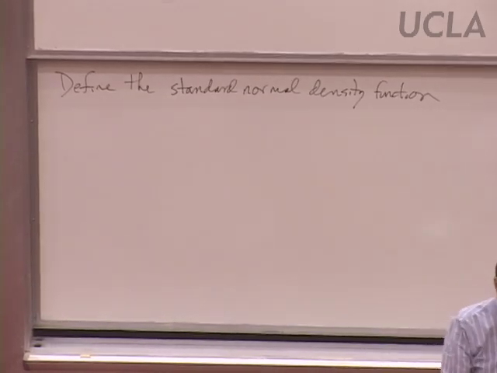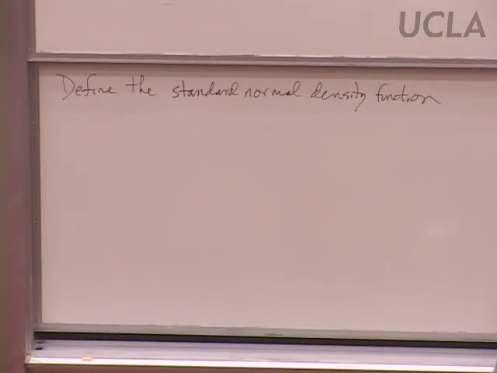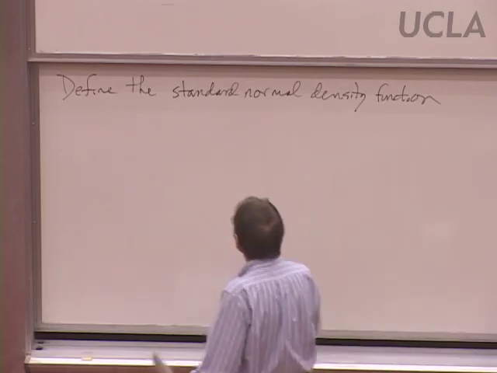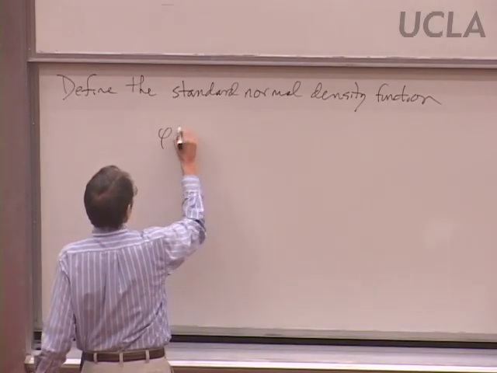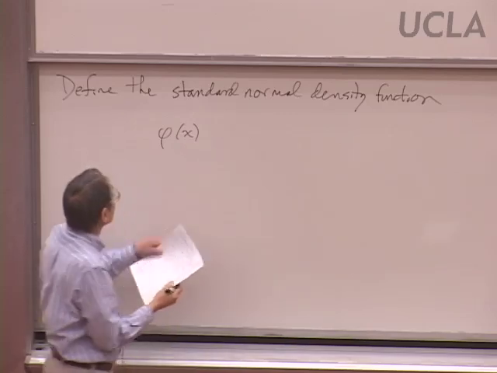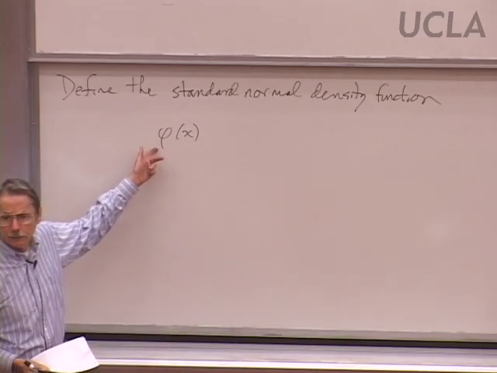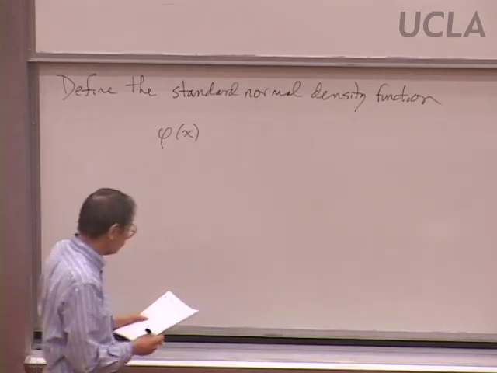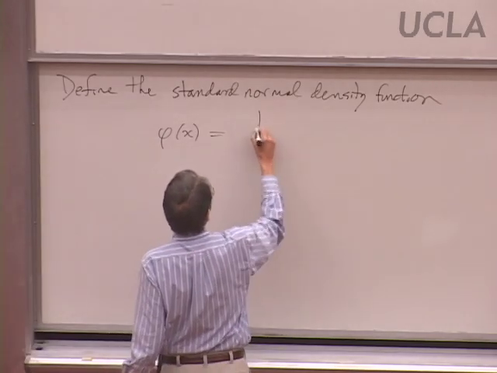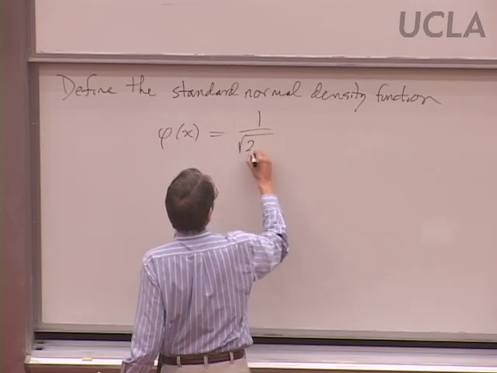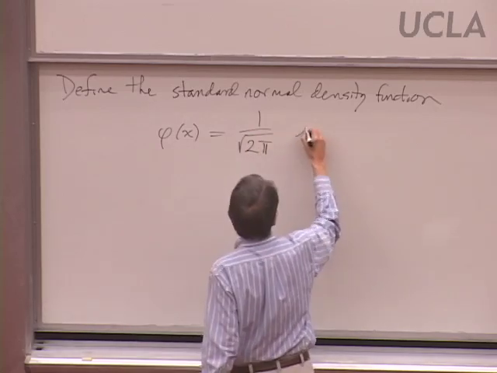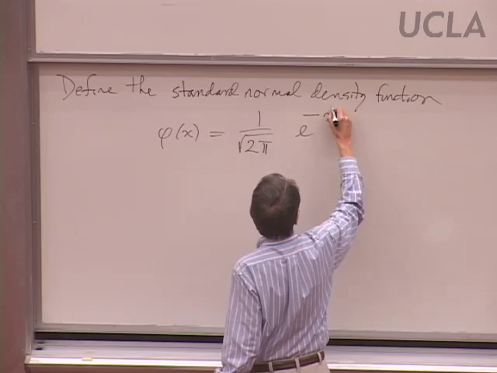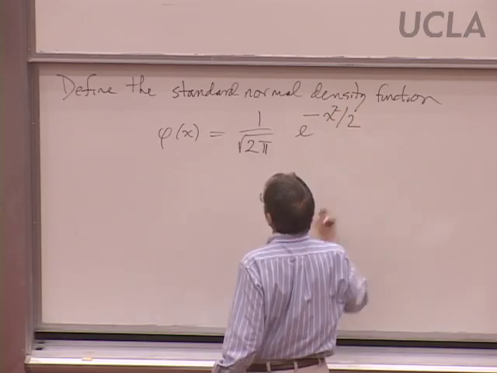I mean, any properties we're going to have to derive. Phi of x, lowercase Greek letter phi. There's also going to be an uppercase phi. 1 over the square root of 2 pi e to the minus x squared over 2.